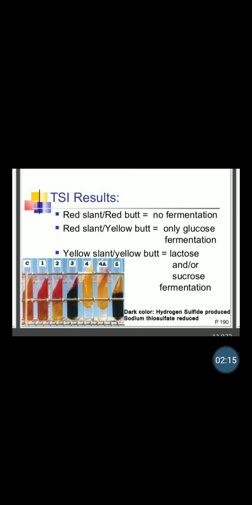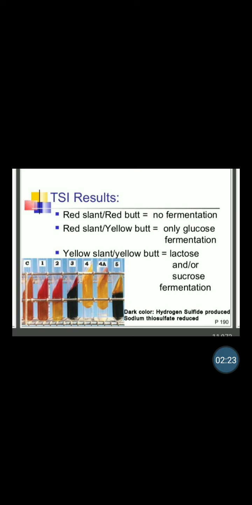Red slant and yellow butt, only glucose fermentation. Then yellow slant and yellow butt, then it is lactose or sucrose fermentation, or lactose and sucrose fermentation. This is the result for the TSI test.